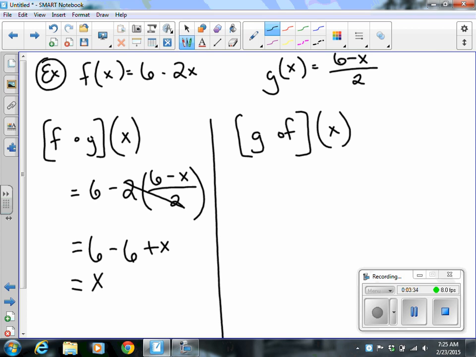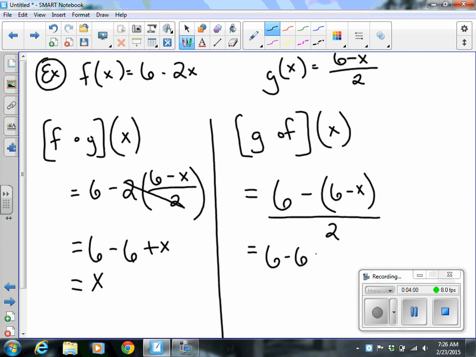So in order for these two functions to be inverses, we know that this right side has to equal x as well. So we're working with the f function going into the g function. So I have 6 minus, in this case, 6 minus 2x, all over 2. Well, I get from here 6 minus 6. Oops, I forgot a 2x there, jumping ahead a spot.